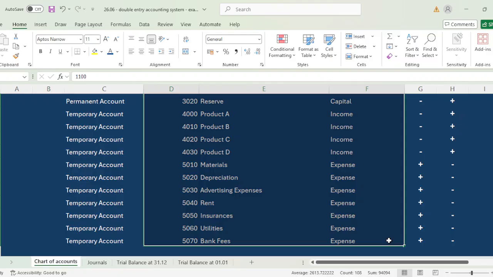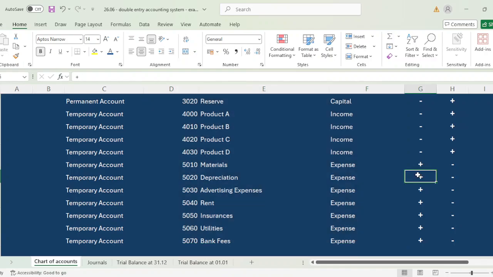And as I explained previously, I used to insert beside every GL code in the chart of accounts plus and minus following the double entry accounting principle. This makes the recording easy, in particular for those that are at the beginning and are still not comfortable.